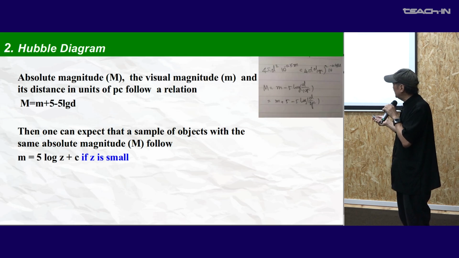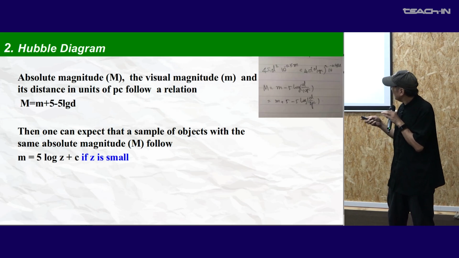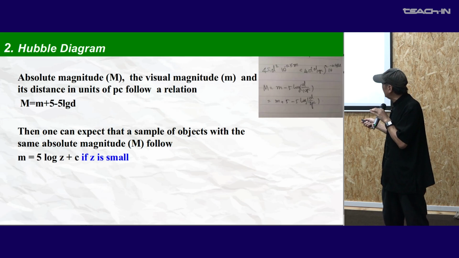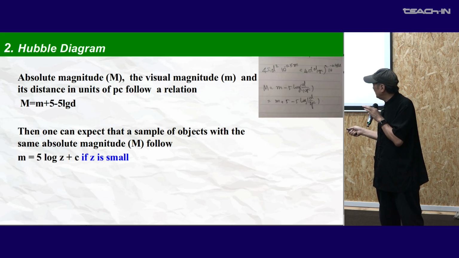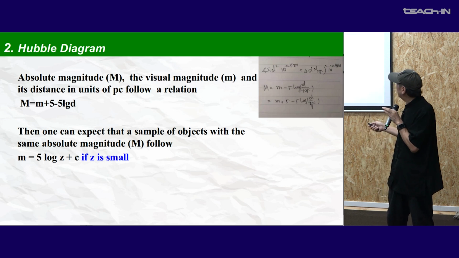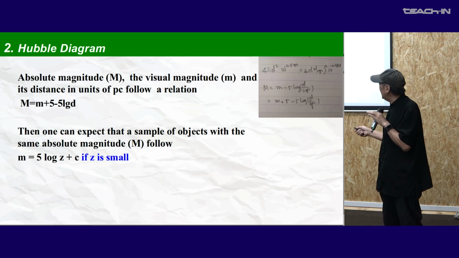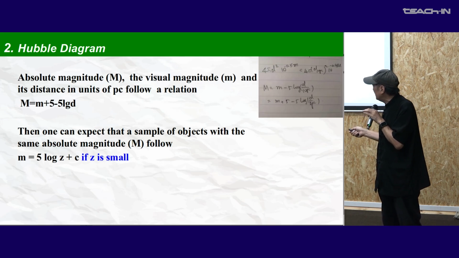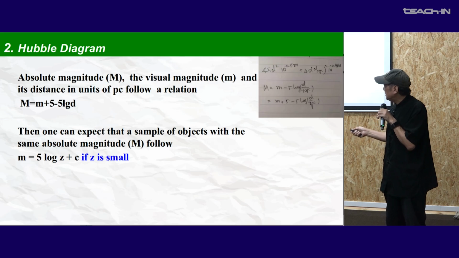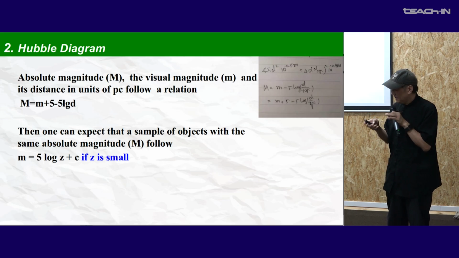If the redshift is small, we can use the redshift to approximately describe the distance. In this way, if we have the same absolute magnitude, the visual magnitude is correlated with redshift. This is the Hubble diagram.